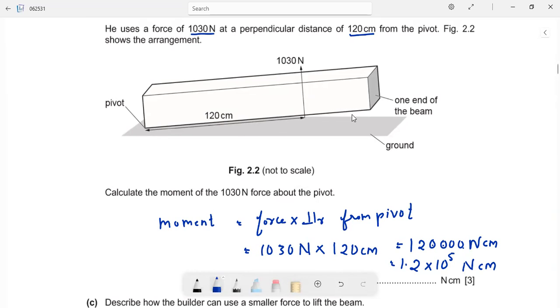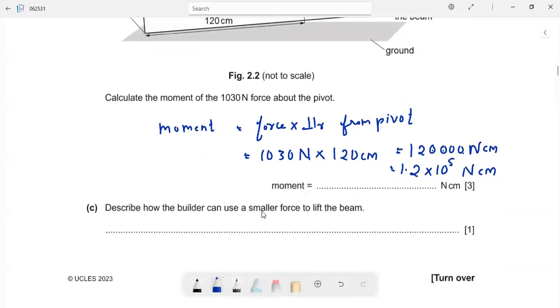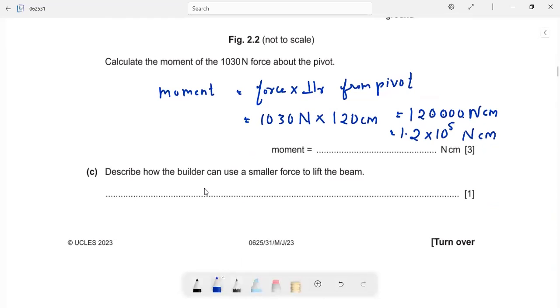If it is moving further towards the right, the force can be decreased. So we can move the force further from the pivot.